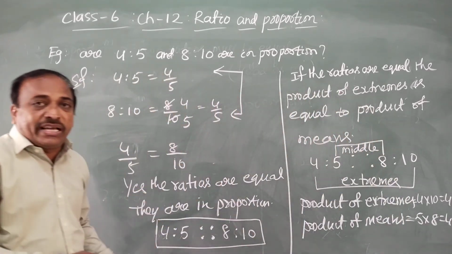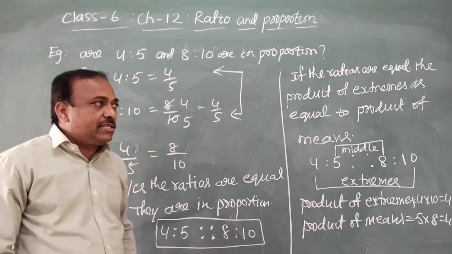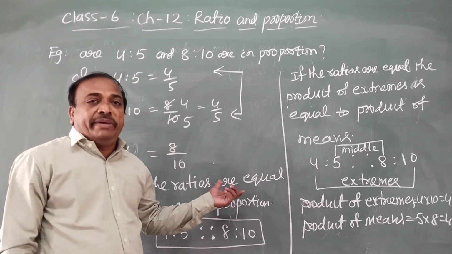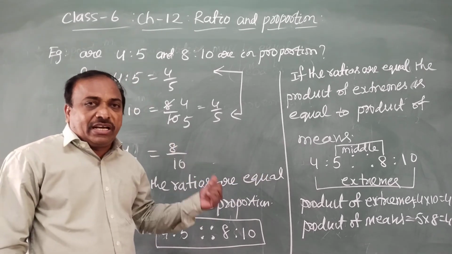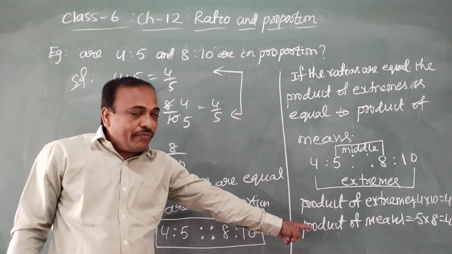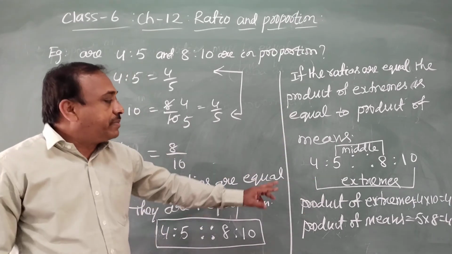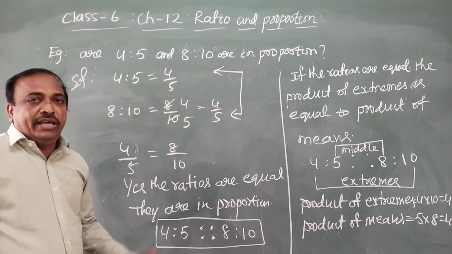So if the ratios are equal, the product of extreme terms is equal to the product of means. When do we say the terms are in proportion? The ratios must be equal. Then only we say that they are in proportion. If the terms are in proportion, then the product of their extreme terms and the product of their middle terms will be equal. I hope you understood.